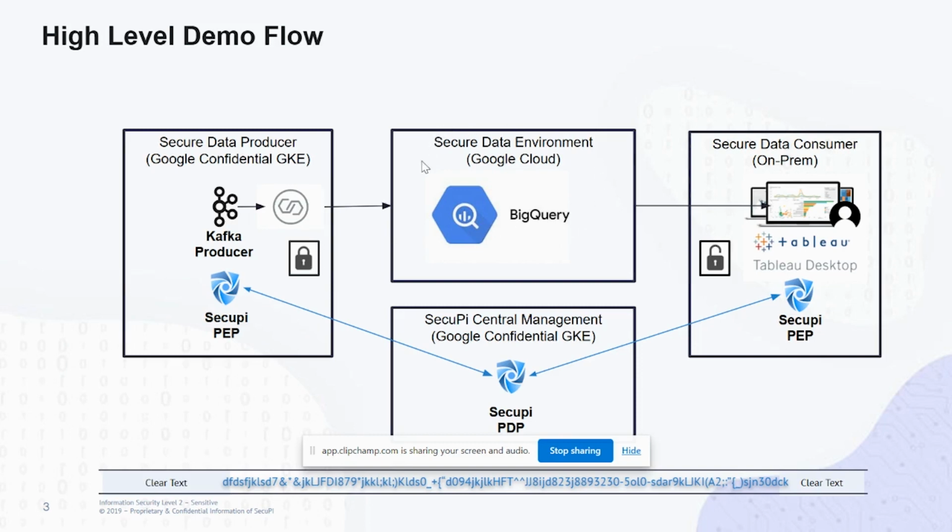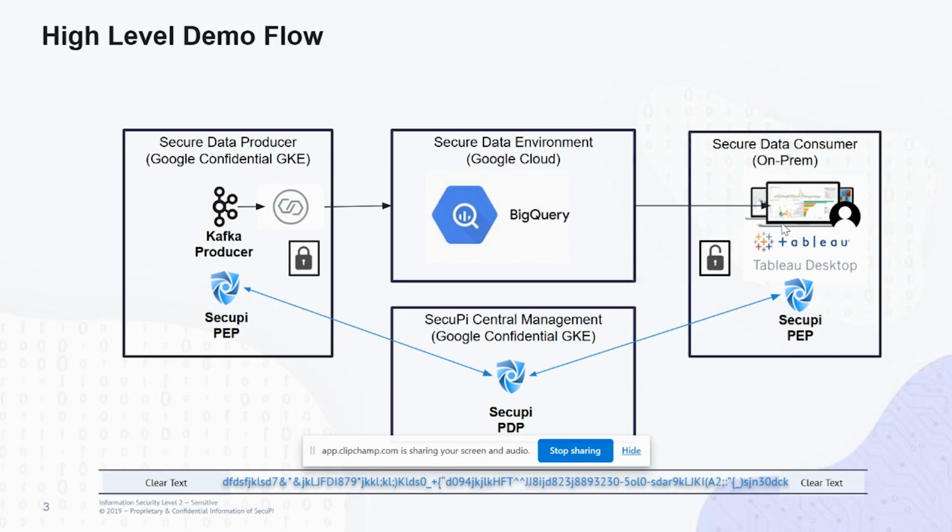When the data is on the cloud on a BigQuery service, which is not using confidential compute, the data is completely encrypted, again based on the policy that we defined.